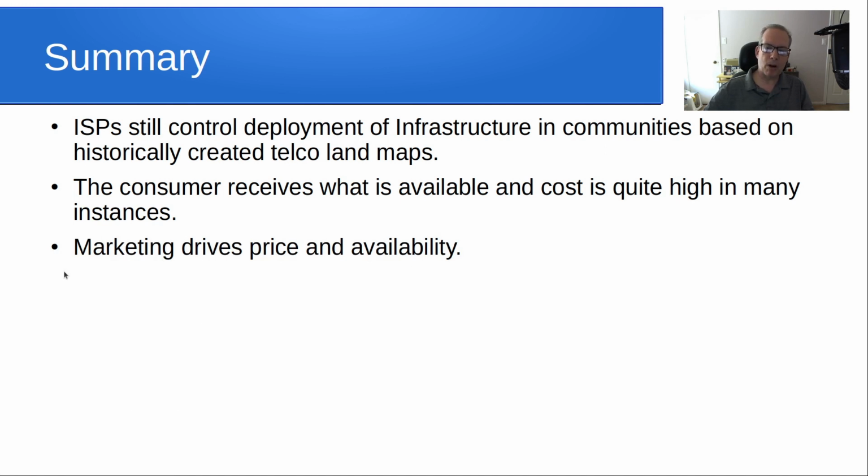So basically, marketing drives price and availability. They'll put a product in place if they think they can sell it, and they'll sell it for the maximum available price. I mean, there's no price controls on these things, which is kind of ironic. And I do have to give Xfinity credit in that their sales price is pretty much the same nationwide, so they don't really differ by region, so to speak.